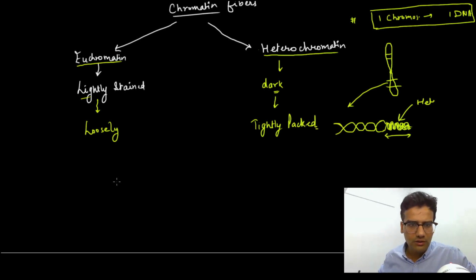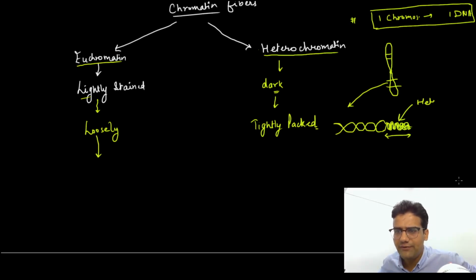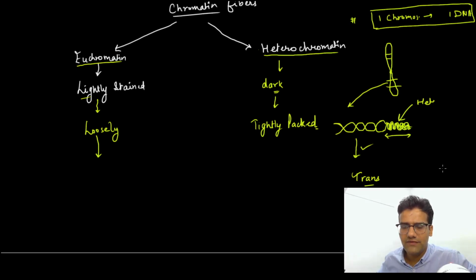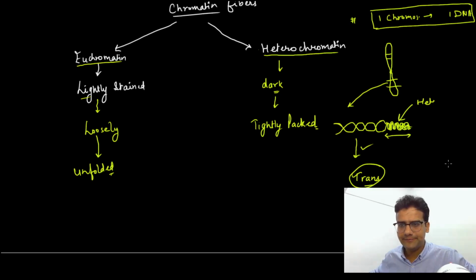So if we talk about gene expression, if you have to transcribe a gene in this part, it can be easily transcribed, because the unfolding of this part is easy. If you have to unfold this DNA, you can easily unfold it.